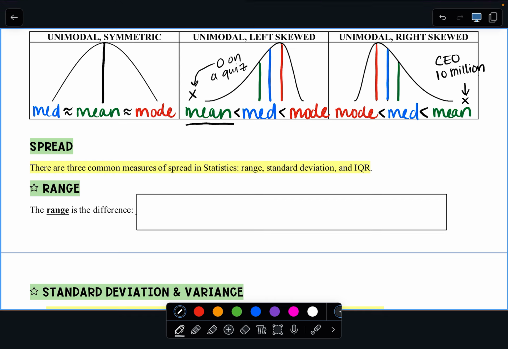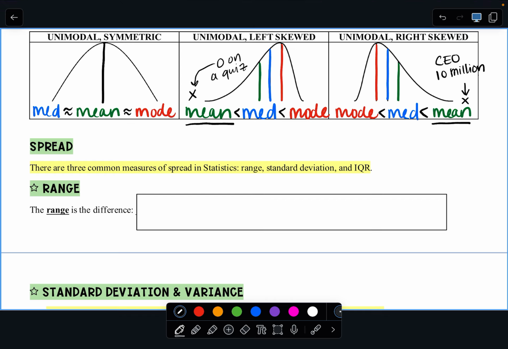So that CEO, that extreme value on the upper end, makes the mean bigger than the median. Anytime you have extreme values, look at where they're located, and that's going to describe the shape and the relationship between the mean and median. This is why we use the median for skewed data. It's not going to be influenced. It's going to stay true to that center no matter what.